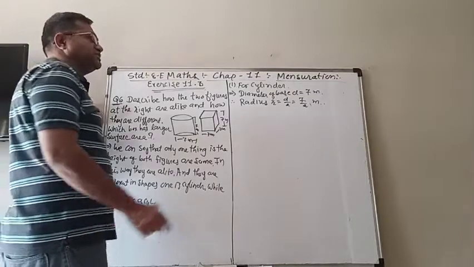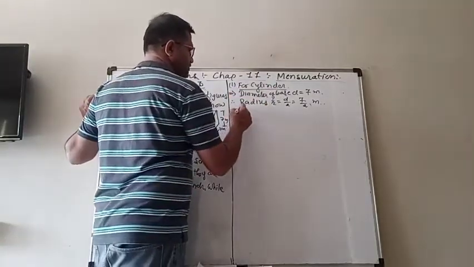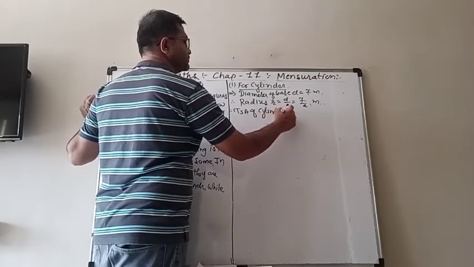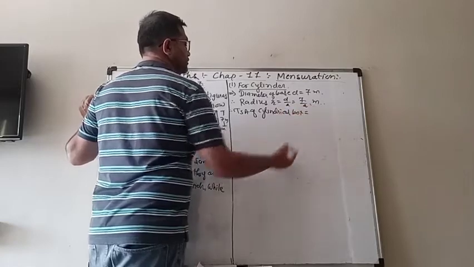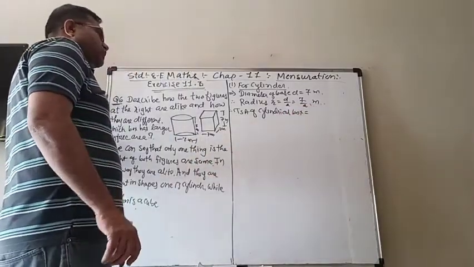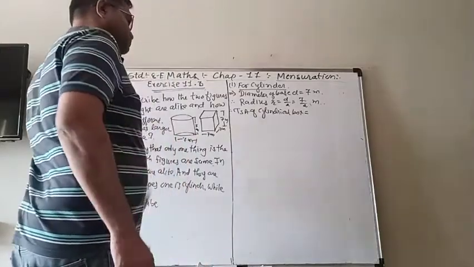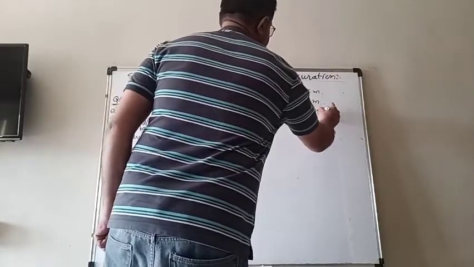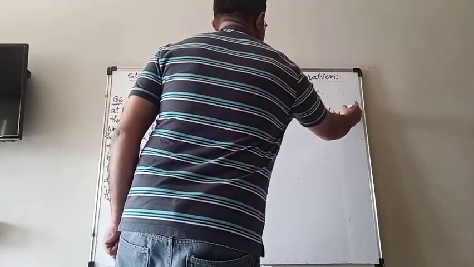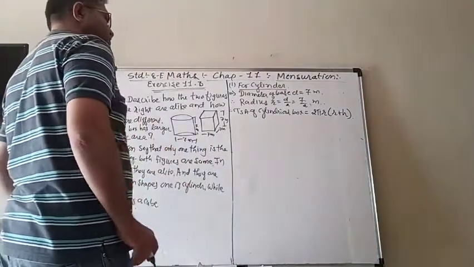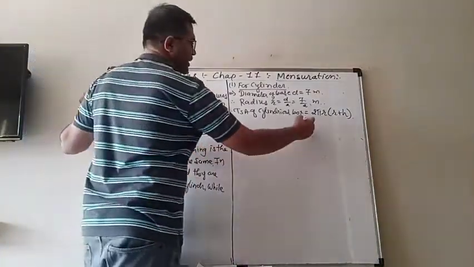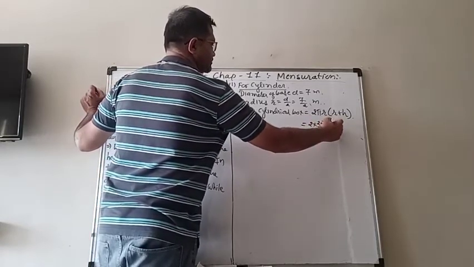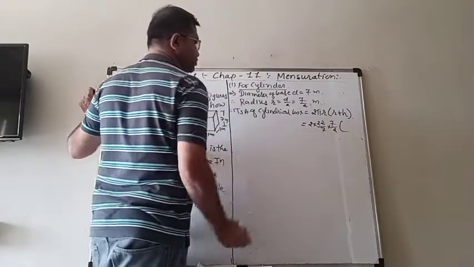So first we will find the TSA of the cylindrical box. We know the formula, that is 2 pi r into bracket r plus h. Total surface area of cylinder is 2 pi r (r plus h). So pi's value is 22 upon 7 into 7 upon 2 into bracket.